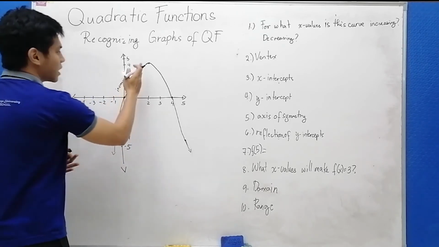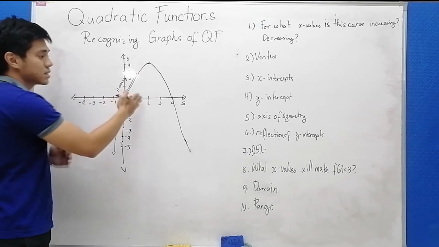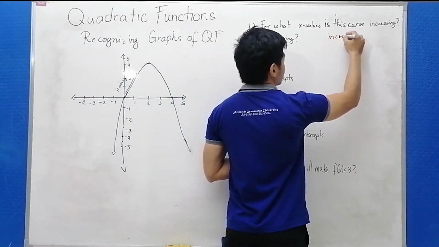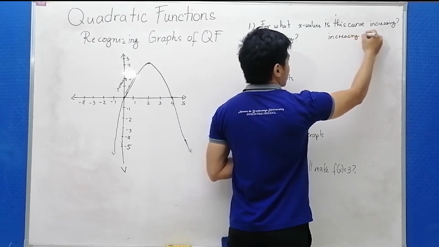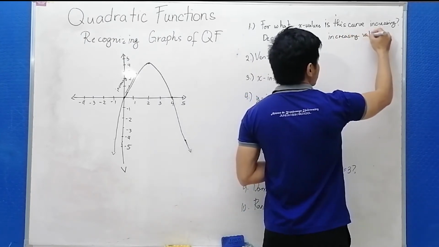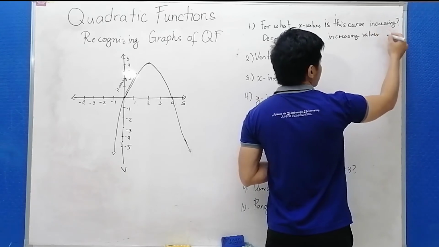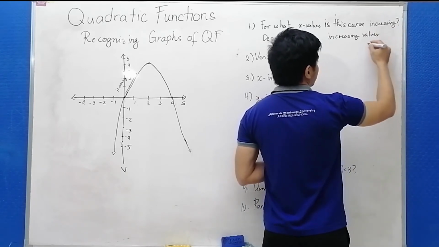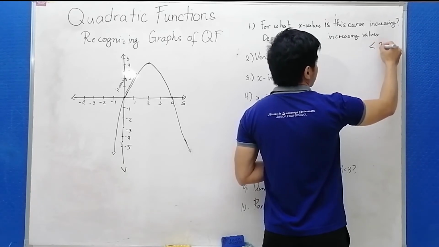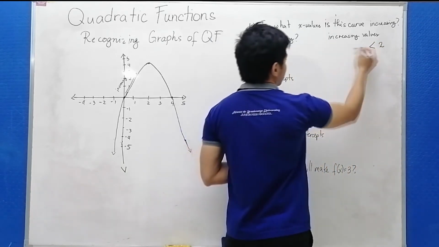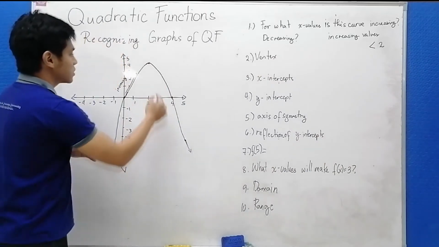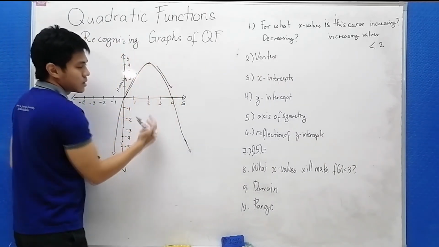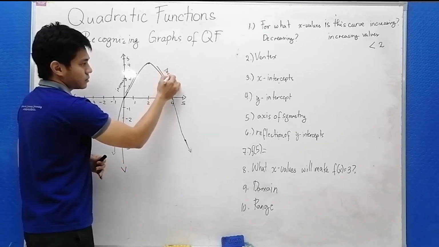The increasing values are when the numbers are less than 2. So for increasing values, x must be less than 2. Now for decreasing values, as we can see, the graph is going downwards from the point of 2, so it is decreasing.